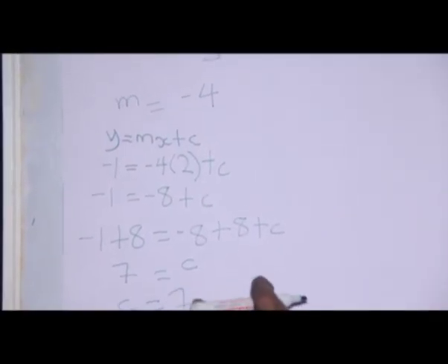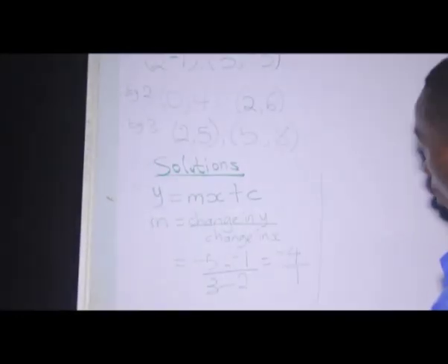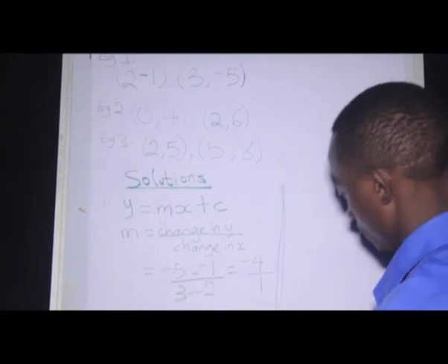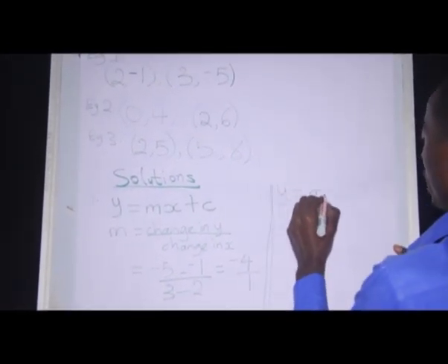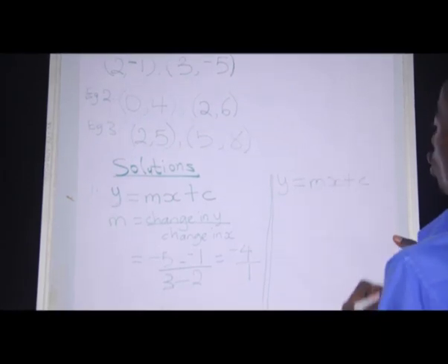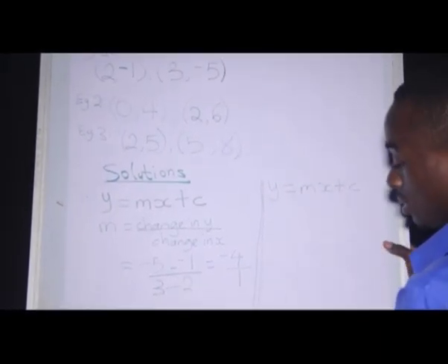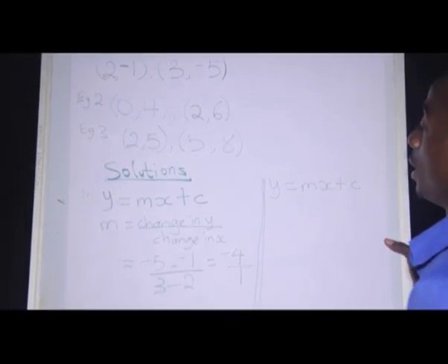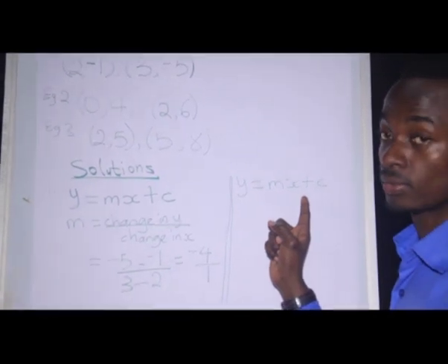Now that I have my c and I have my m, I come to the general formula, which is given as y is equal to mx plus c. Where my m is, I replace with -4. Where my c is, I replace with 7. Reminder, I do not substitute for y and x.